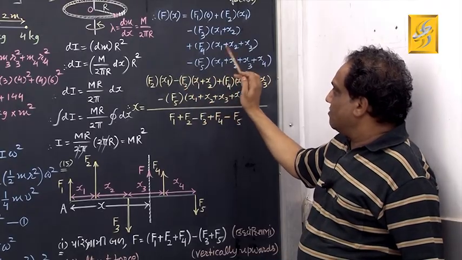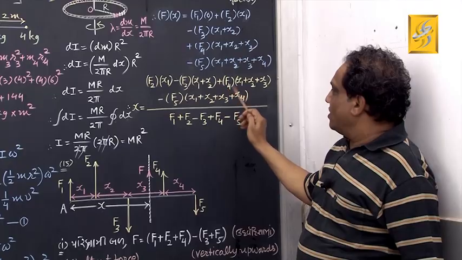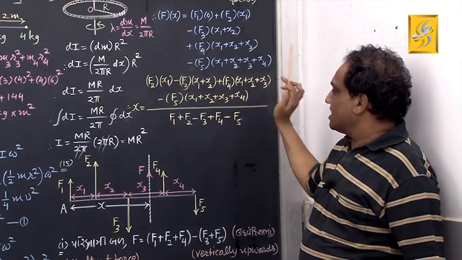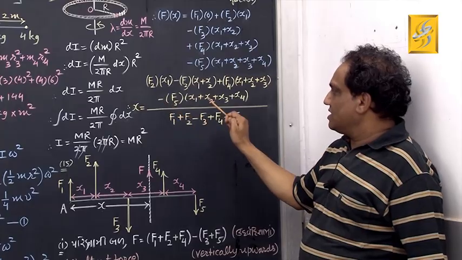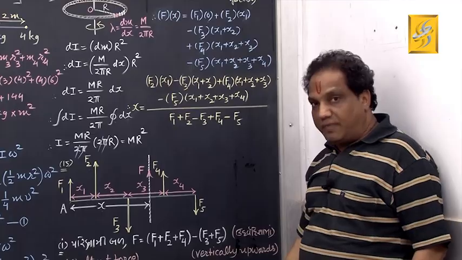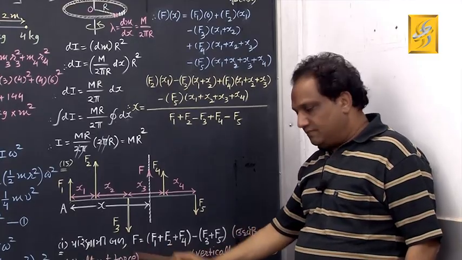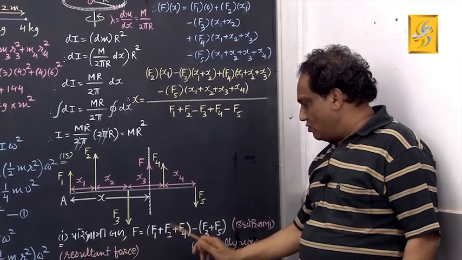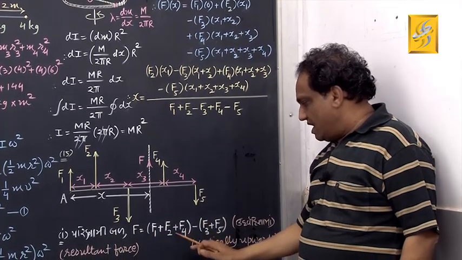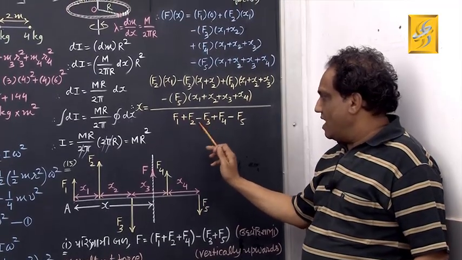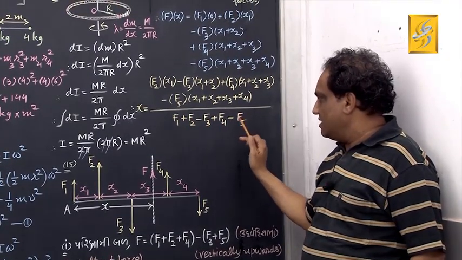Plus F4 into x1 plus x2 plus x3. Minus F5 into x1 plus x2 plus x3 plus x4. And divided by capital F. What is capital F? The resultant force magnitude is F1 plus F2 minus F3 plus F4 minus F5.